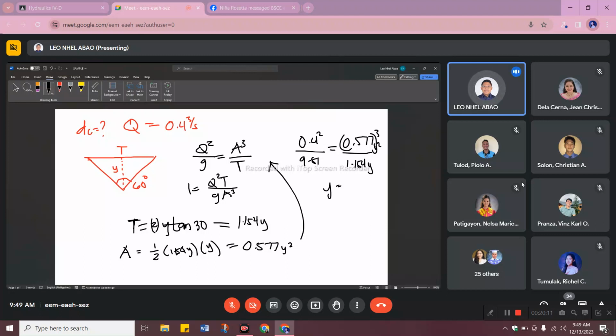What is the answer for y? 0.0326. 0.326?